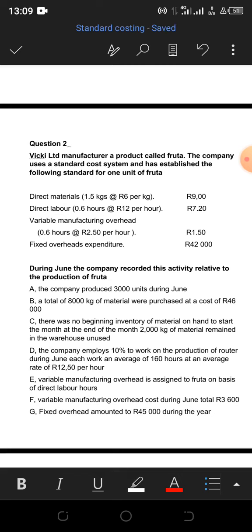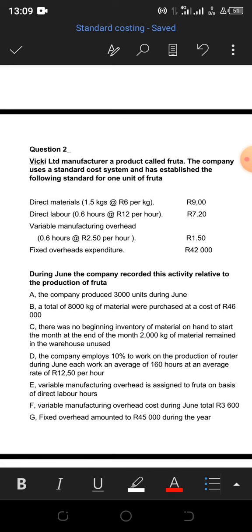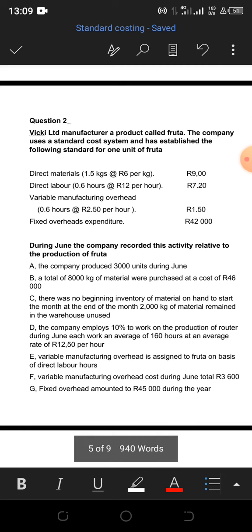Our production is 30,000 units. Then we say 30,000 units multiplied by 0.6 hours, and you're going to get 1,800. So remember, out of that 1,800, they said in number D that the company employed 10% to work on the production of the road during June, which means that the direct labor working on the production is only 10%.